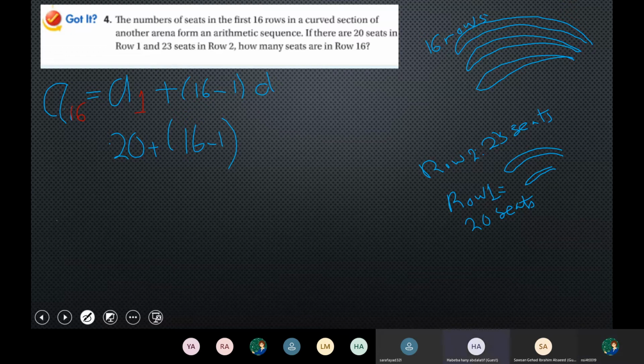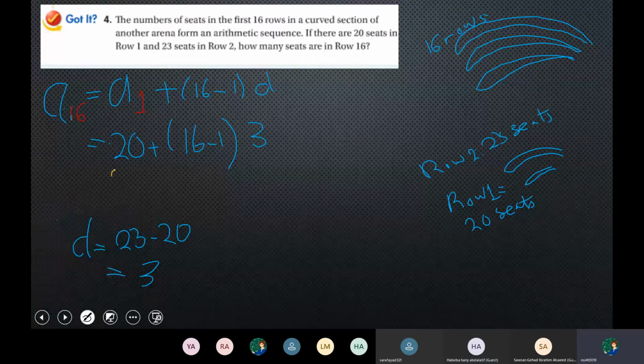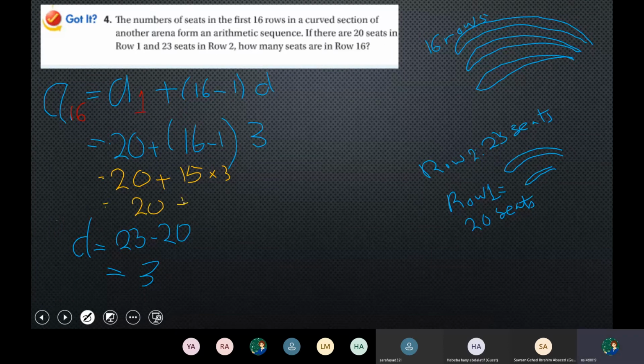And to find d, it's 23 minus 20, which is 3. So here multiply by 3. Then 20 plus 45 equals 65. Thank you so much, Habiba.